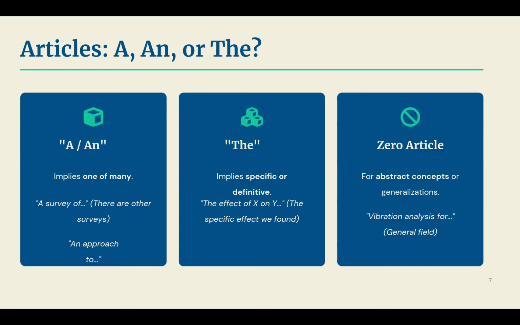In that case, you cannot forget that it is a survey of, an investigation of, a study of, and so on, right? Which means among other studies, yours is there. A survey of: among the many surveys, yours is there. An approach to: among many approaches, your approach is also there.